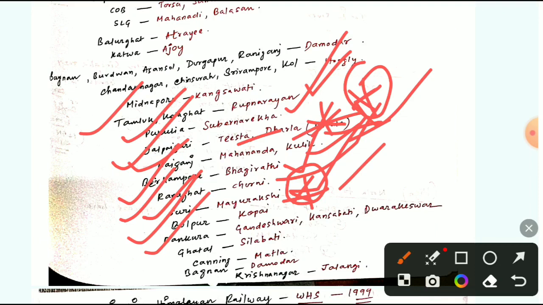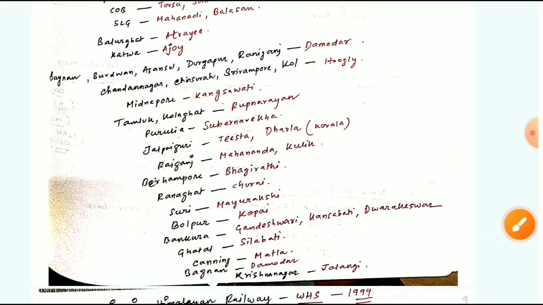Bankura, it is Gandheswari, Kangsabati, and Dwarakeswar, very important. Ghatal, it is Shilabati. Canning, it is Matla, very important river, Matla River. Bagnan, it is Damodar River which flows through Bagnan. Krishnanagar, the Jalangi River flows through Krishnanagar.